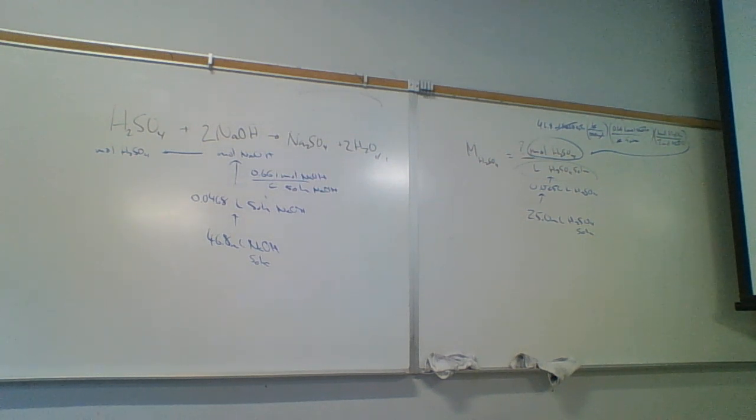So they convert 25 milliliters into liters by using this conversion factor here. Milliliters cancel, you get liters. And we end up with 0.620 moles of H2SO4 per liter of solution, or just 0.620 molar H2SO4.